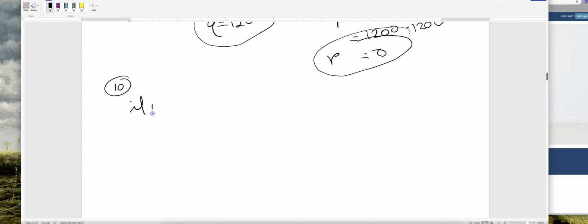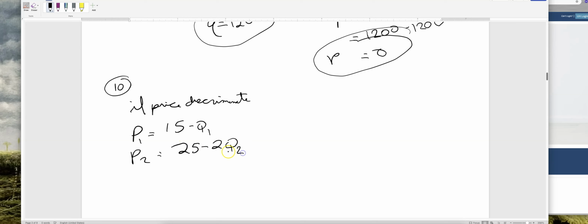So what does that mean for us then? So if they can price discriminate, with these two different markets, then the marginal cost in each of these markets is going to equal 3, right?